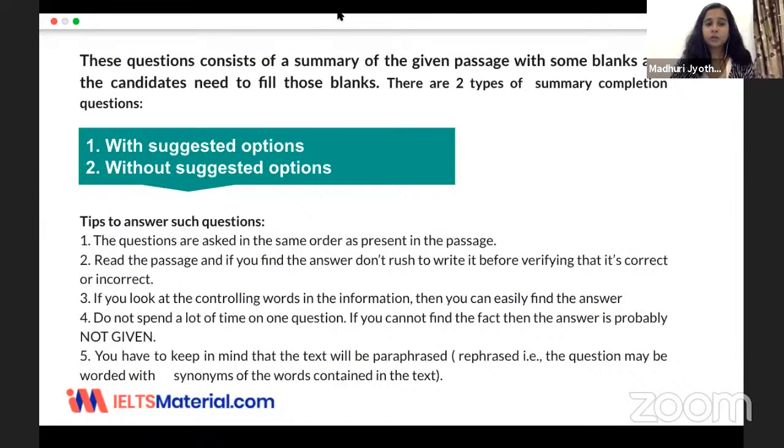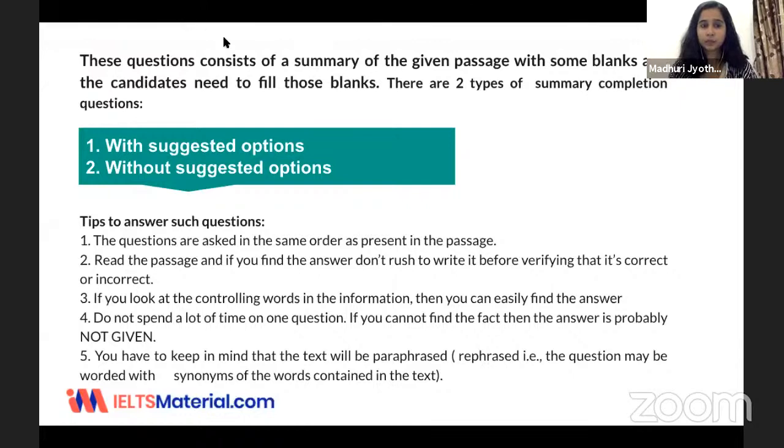Okay, so as I was telling you, we will try a small example for reading as well. So with suggested options. So as I said, there are two parts, suggested and without suggested. We will do the suggested options, but before we do that, I want you guys to take a minute and read the tips to answer reading questions. So just take a minute and then we will continue.